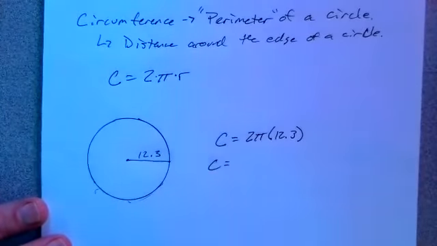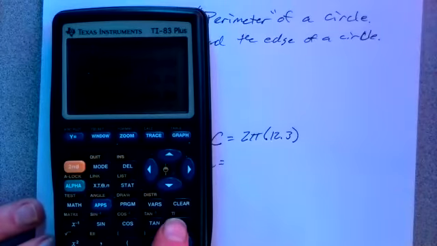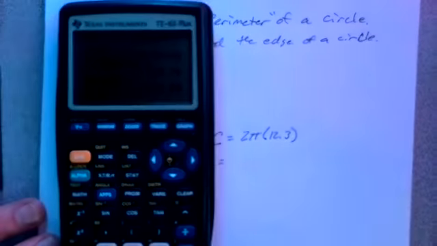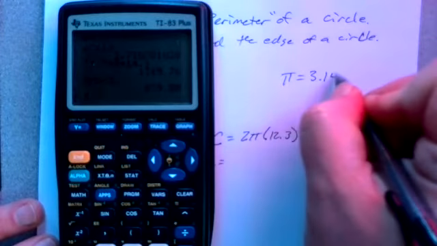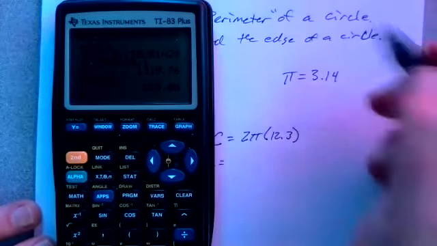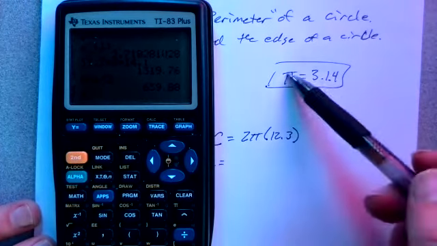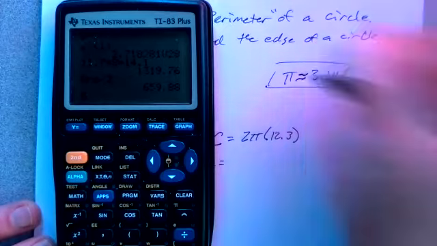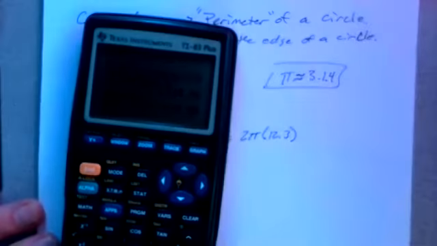On my calculator, I have a button for pi. If you don't have a button for pi, you can always use pi as 3.14. I'll always accept this as a decimal approximation for pi.